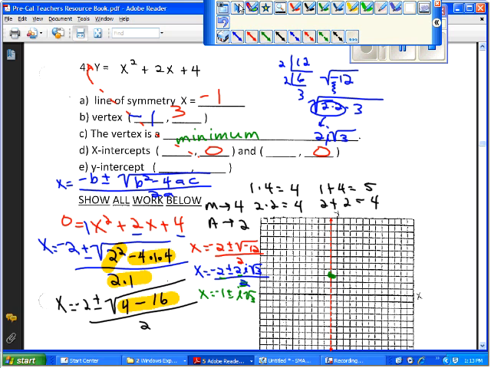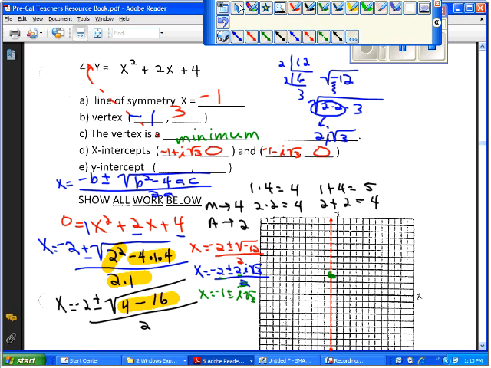So my roots are positive that and negative that. Okay, so I'm going to put them in here. One of the roots is negative 1 plus the i square root 3. The other one is negative 1 minus the i square root 3. So we have two imaginary radical roots this time.